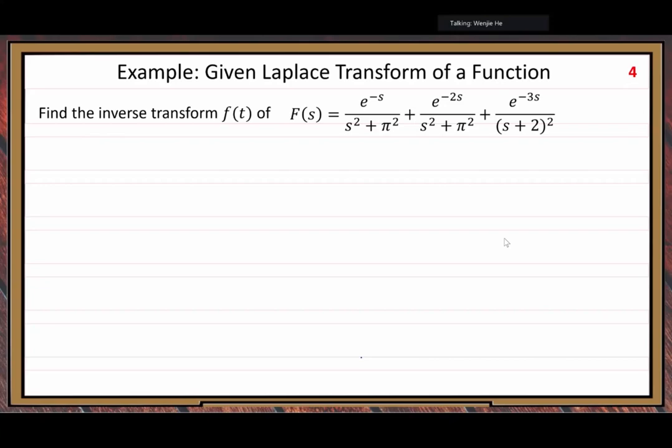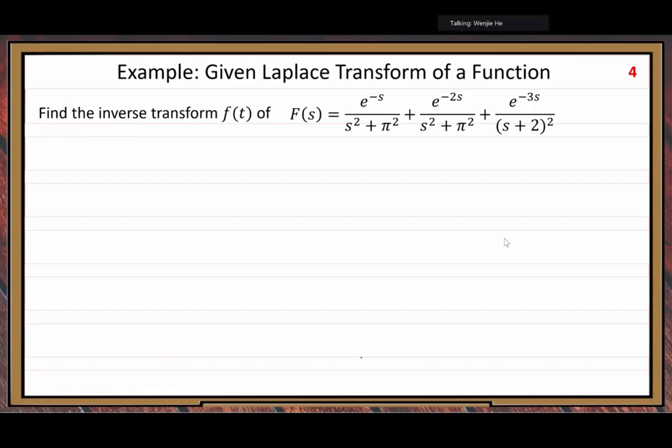Before we apply the second shifting theorem, let's calculate the inverse Laplace transform with numerator 1. Numerator 1 over s squared plus pi squared, we calculate the inverse Laplace transform to get little f, right? Then we add that e part back so we can apply the second shifting theorem.